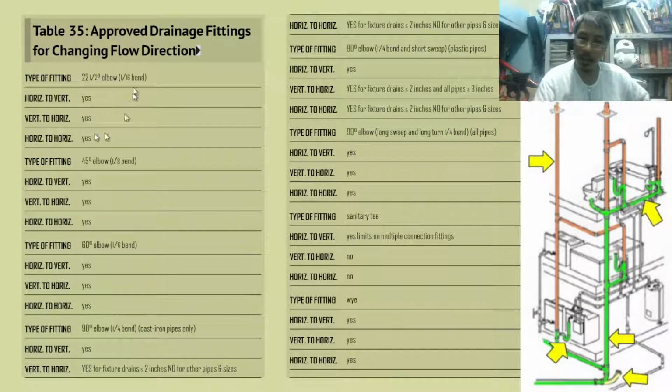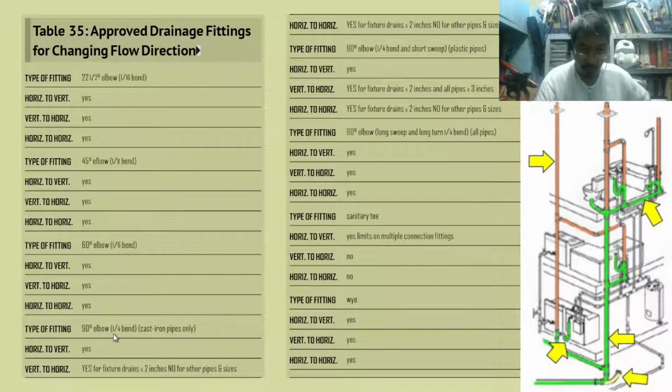You can use it in all of those. What about 45 degrees? You can use horizontal to vertical, vertical to horizontal, and horizontal to horizontal. What about 60 degrees? You can also use it in all of those orientations.